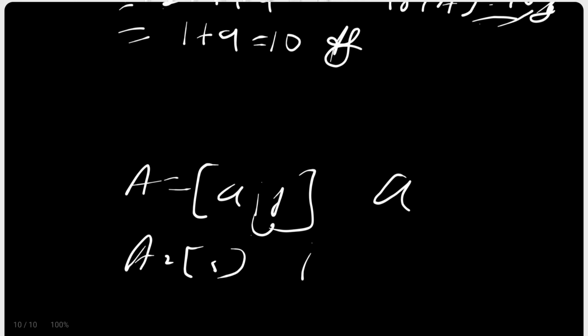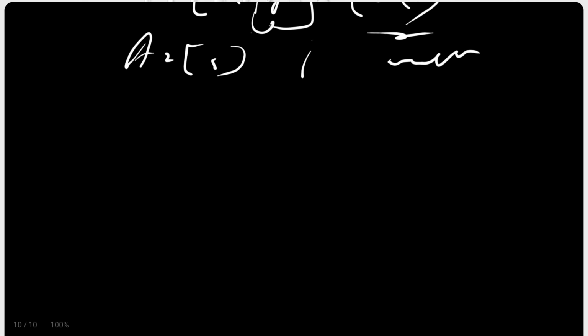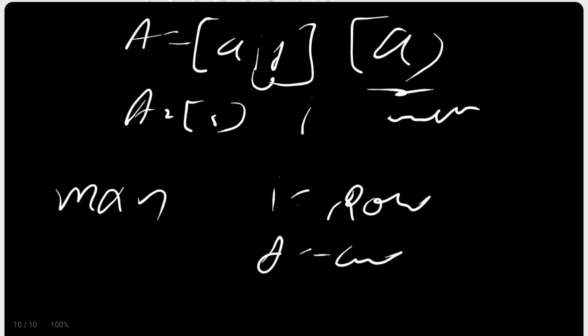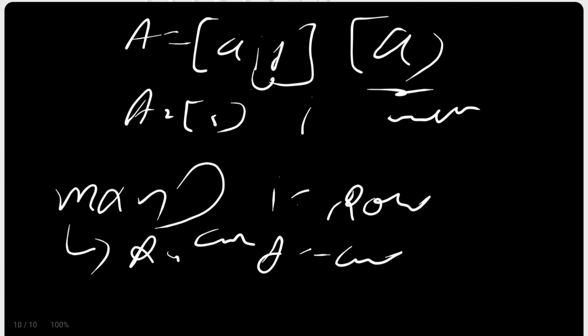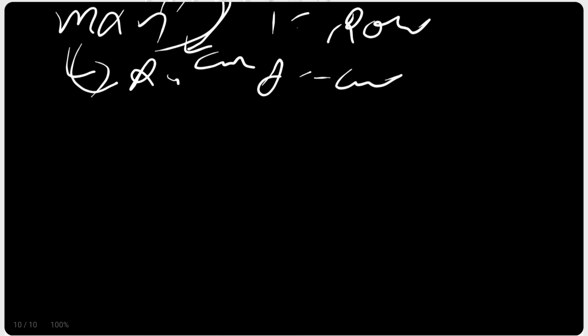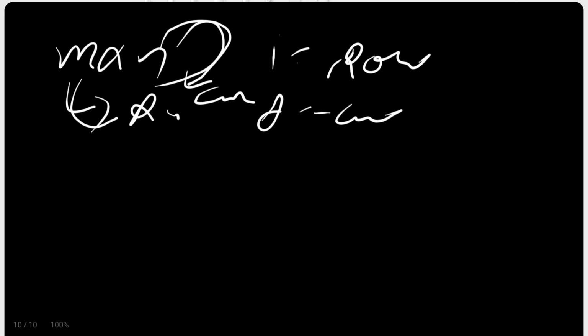A means any matrix, any square matrix. i means row, j means column. In m cross n, m means row, n means column. Is it clear?